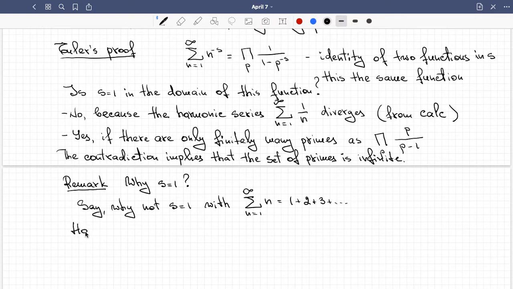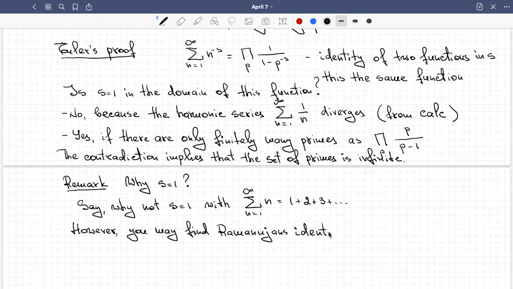However, you may find elsewhere Ramanujan's identity: 1 plus 2 plus 3 plus 4 plus 5 plus... equals negative 1/12.